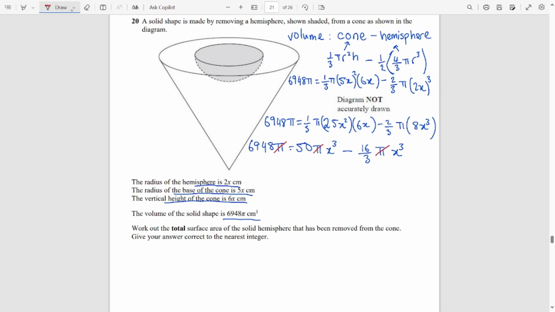Every term has a pi in it, so it's going to divide all the way down. So now we are left with 6948 is equal to 50x cubed minus 16 over 3 x cubed. Now we can collect together these two terms here. We can just add them. So on your calculator, you're going to do 50 minus 16 over 3 to see how many x cubes we have there on the right-hand side.